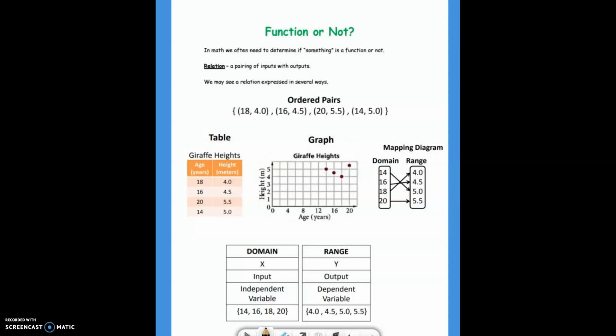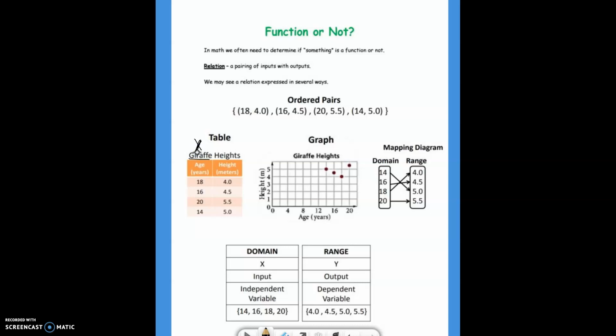So the x value is what we call the input. The y value is what we call the output. Then you can refer to this in a table. So in this table here we have giraffes. If you wanted to, you could call that the x value, or the input.